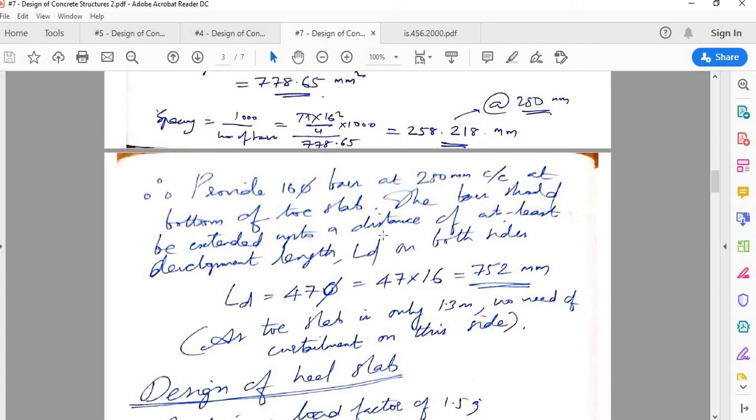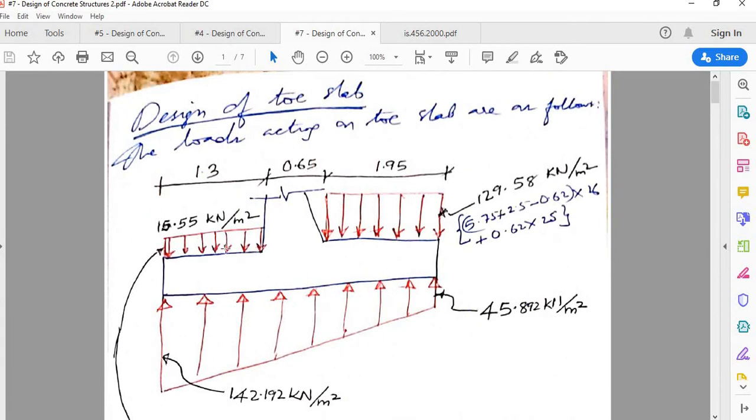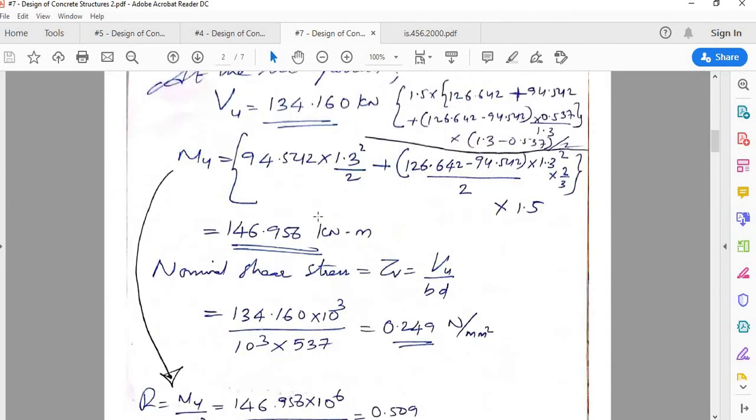Remember that it is strictly valid for 415 grade of steel and M20 grade of concrete. So you can check the development length: 47 times 16, which is 752. Our actual length available is, see, this is 1.3, and the development length requirement is only 0.75 something. So in this direction as well as this direction, there is sufficient development length, so it is okay.